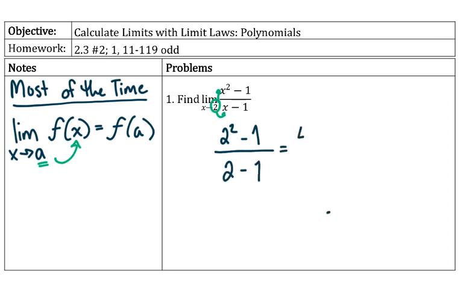Well, that's 4 minus 1 over 1, which is 3. And that is, in fact, the answer to this limit. If you don't believe me, feel free to go check on a calculator and come back and you'll see, oh, yep, as we approach on the graph, it's 3. As I look at the table, it's also 3. And this is because most functions are what's called continuous, which is something we'll be discussing in a later lesson.